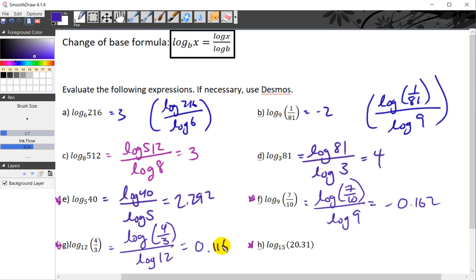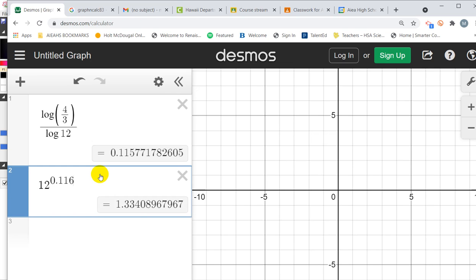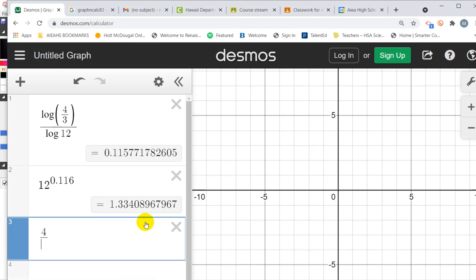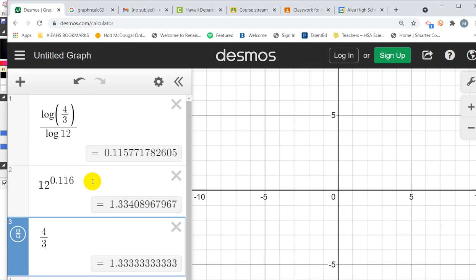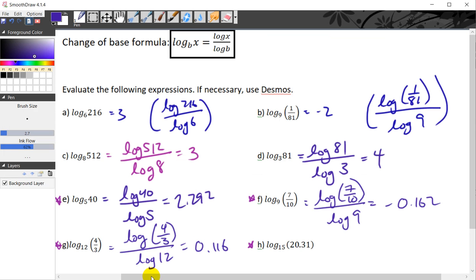Let's see, 12 raised to 0.116, and 4/3 is about that. As you can see, the more decimal places that you keep, the more accurate it's going to be. So that's that one.